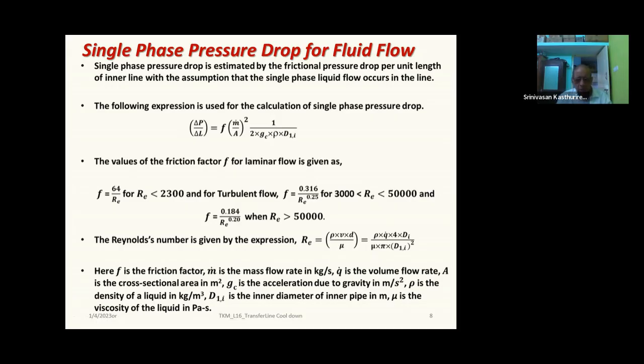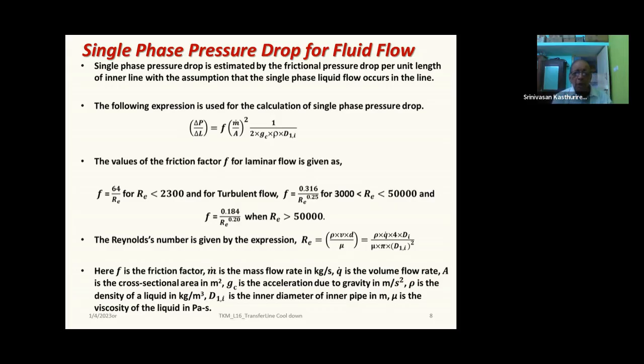And rho is the density of the liquid. So we are talking about single phase fluid flow, so it is the density of the fluid in kg per meter cube. D1i is the inner diameter of the inner pipe, which should be expressed in meters, and mu represents the viscosity of the fluid in Pascal second. So these are the various parameters which have to be incorporated.